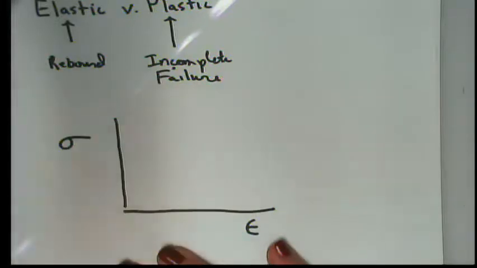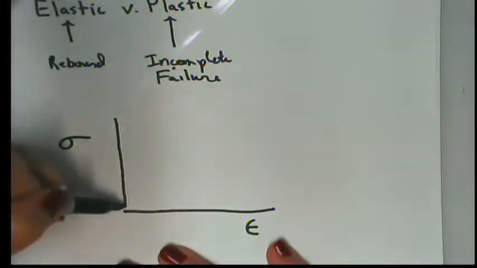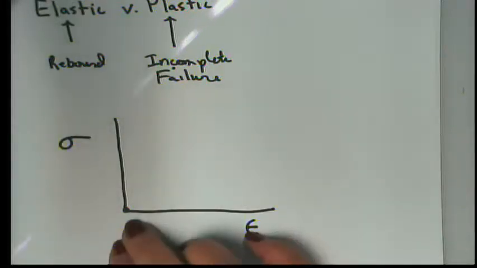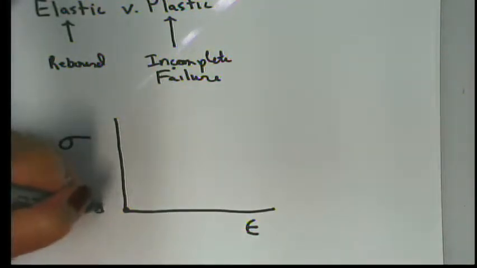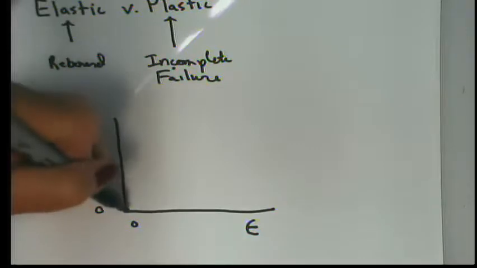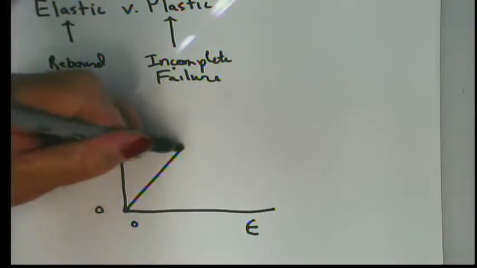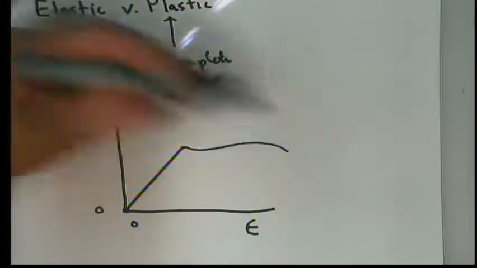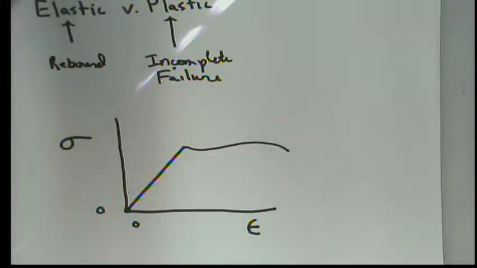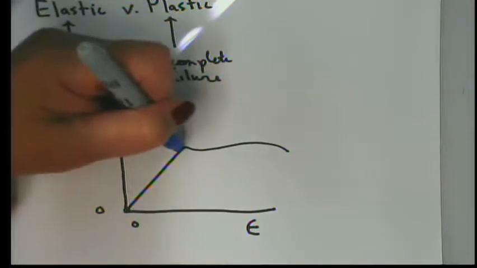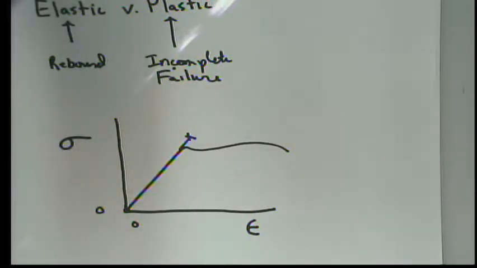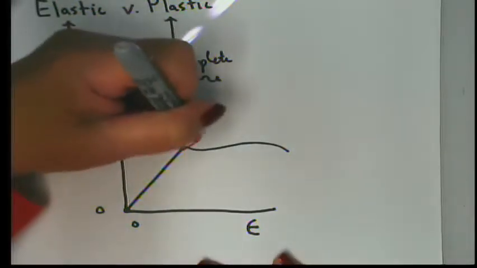On our graph, which is once again fundamental to our discussion, we plot sigma versus epsilon. For a normally behaving homogeneous material, when we have 0 sigma, we also have 0 epsilon, and we continue in a straight line until something happens. The something may be a ductile yield, a brittle rupture, or something in between.